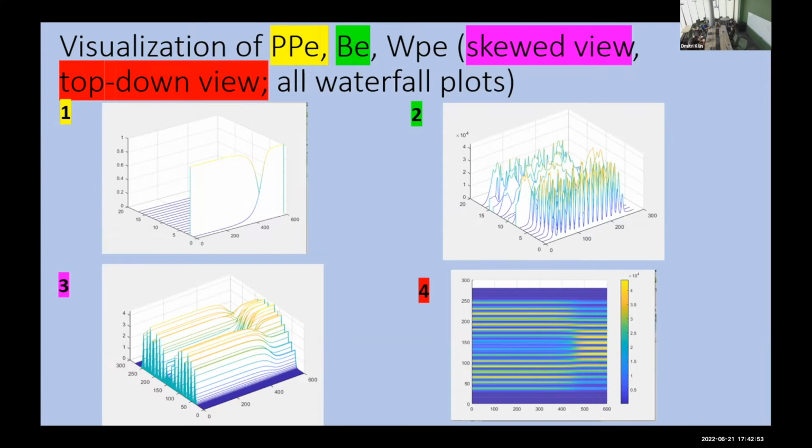The first one is the population, the second one is densities. The third one is a skewed view of it, and if you do a top-down view, that's this right panel. This is related to plots we can see later, but MATLAB processes further before we get there.